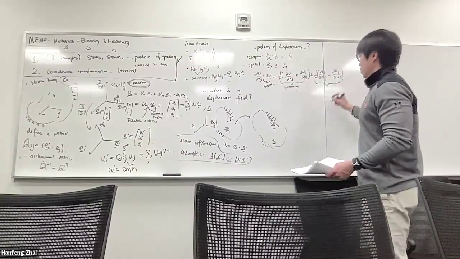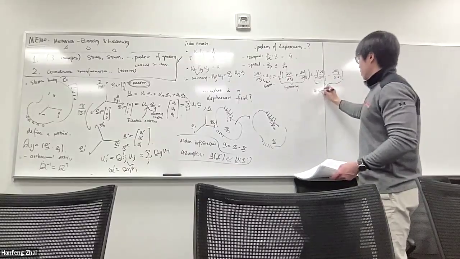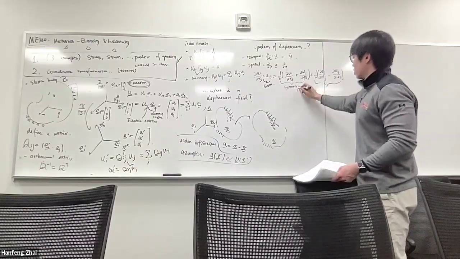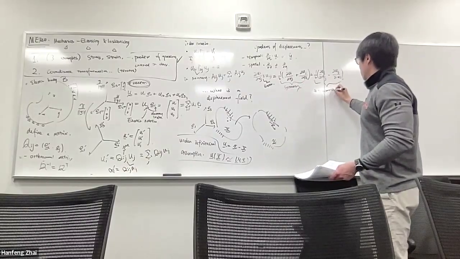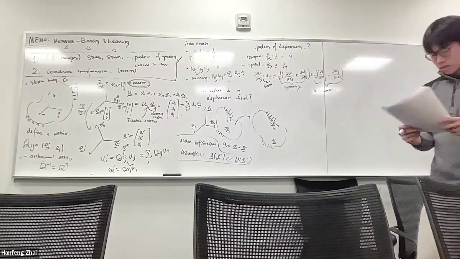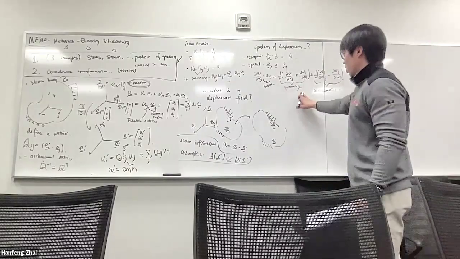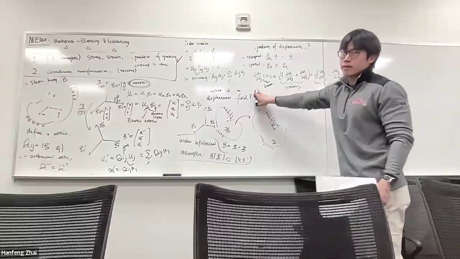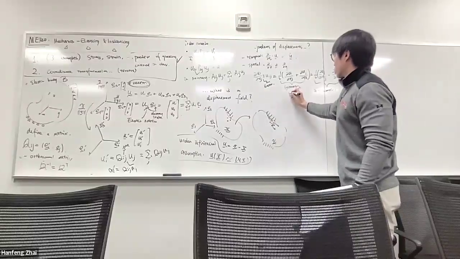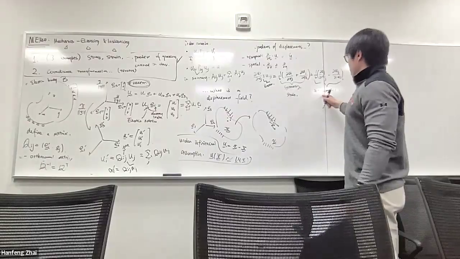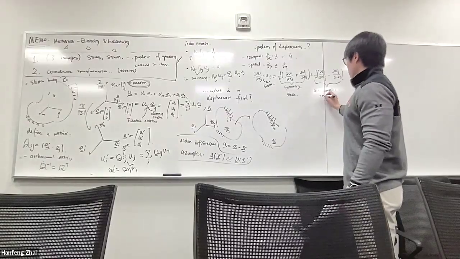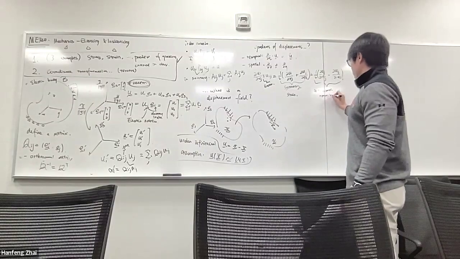And this part actually is anti-symmetric. And by definition, the symmetric part of the spatial gradient of displacement is the strain. And this antisymmetric part characterizes or represents rotation.